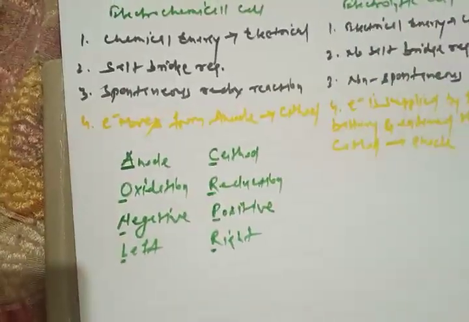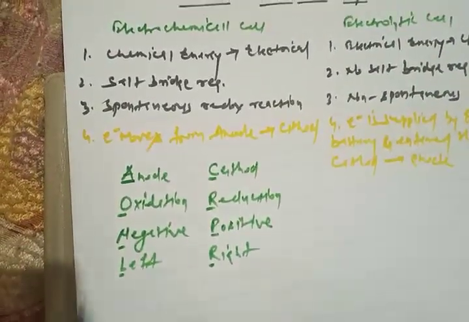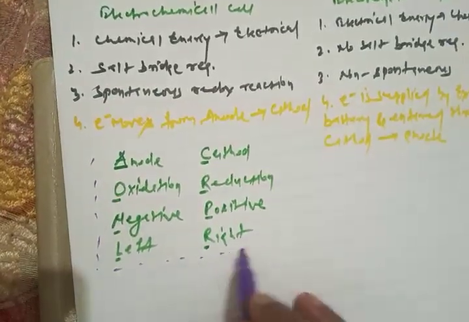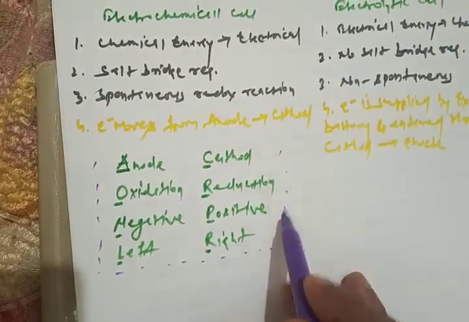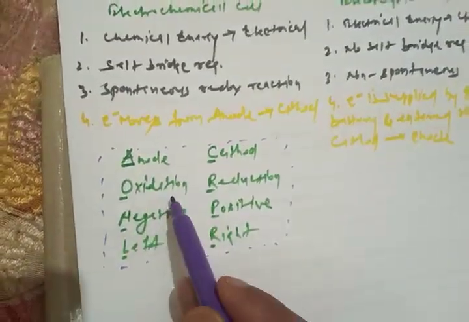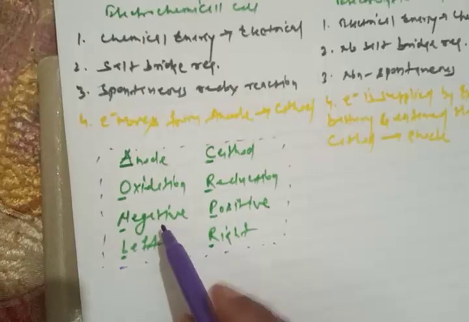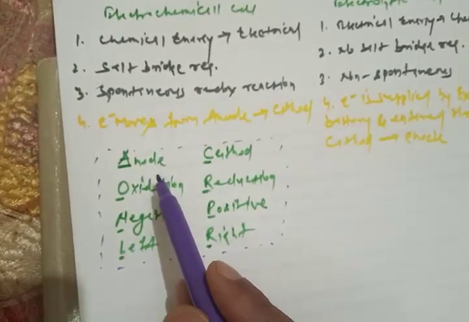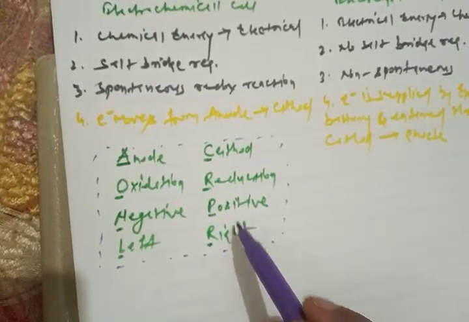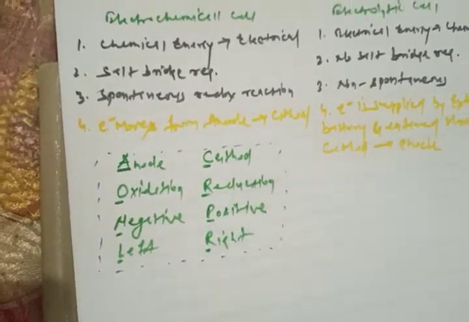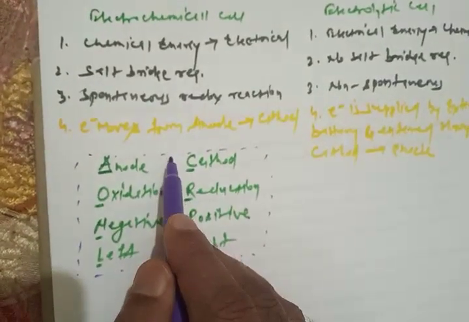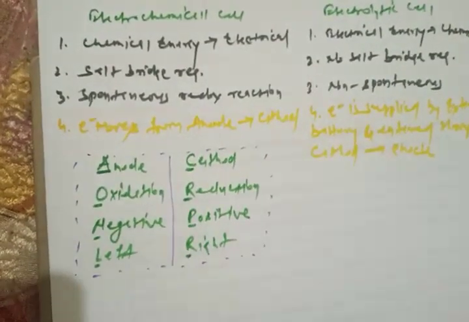So this is how we can remember the electrochemical cell arrangement: at the left hand, anode is there where oxidation occurs with negative charge, which is available in left side. At right hand side, positive charge, reduction occurs at cathode. So this you can remember by the alphabet.